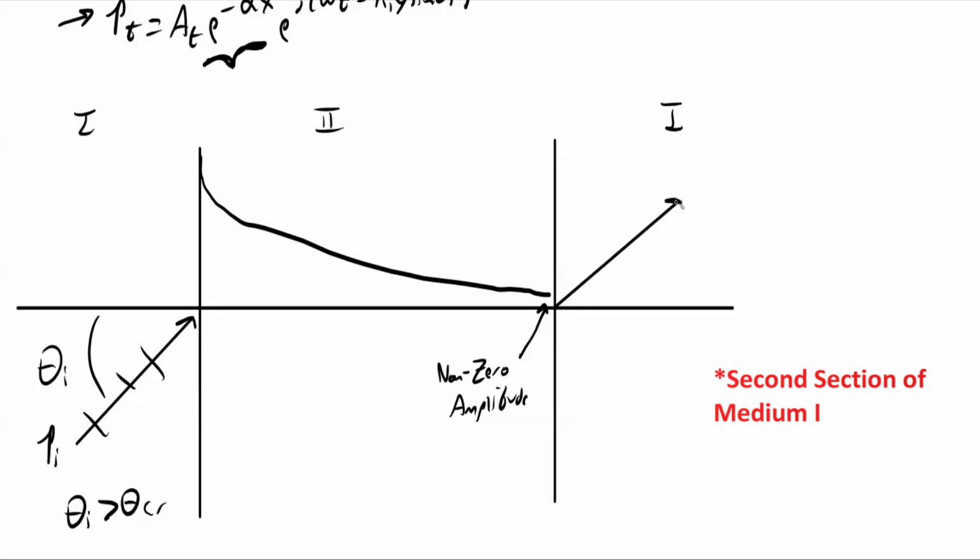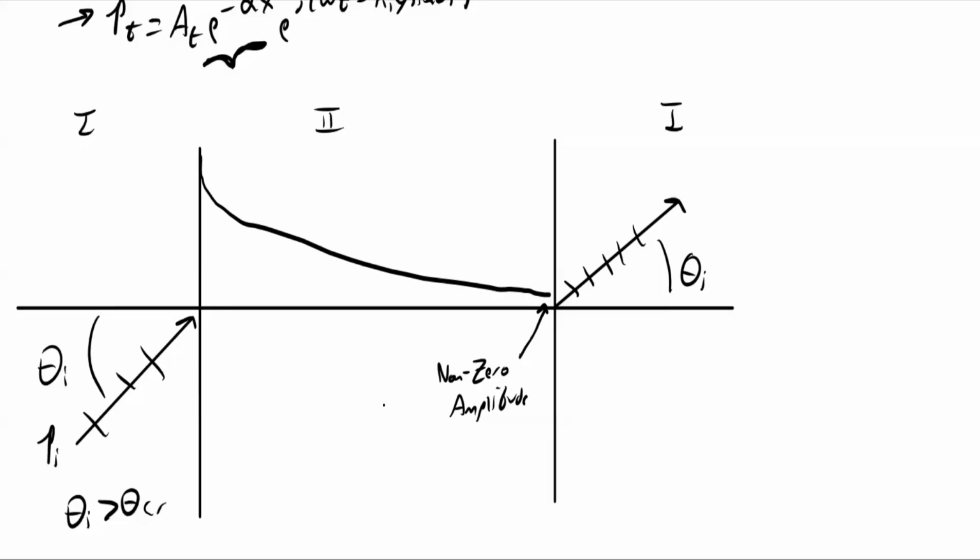It also turns out that this transmitted wave has the same angle as the incident wave because the trace velocities at each of the interfaces are the same. So because the trace velocity at the second interface is equal to the trace velocity at the first interface, it launches a real wave in the second medium 1 with the same angle.